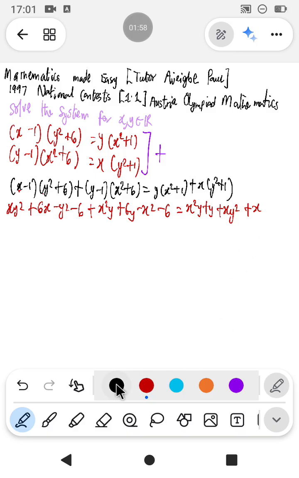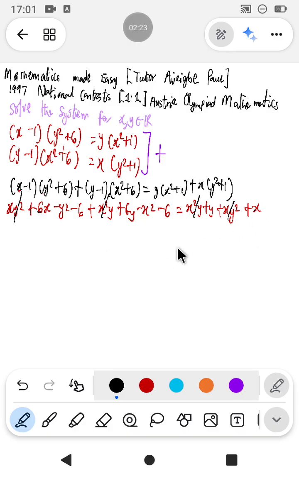Okay, so next thing we're going to do here is to collect like terms, and then simplify completely. We have xy squared on both sides, so definitely they're going to cancel out, that is if you subtract xy squared from both sides. And also x squared y, if you subtract from both sides, that is going to cancel out. So what we have now, we have 6x, then x.